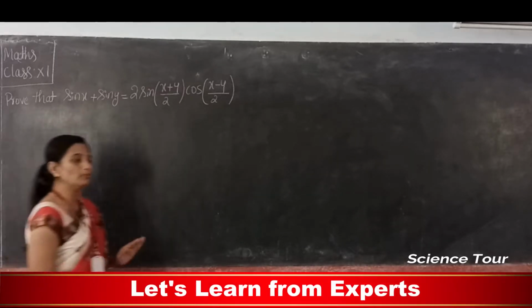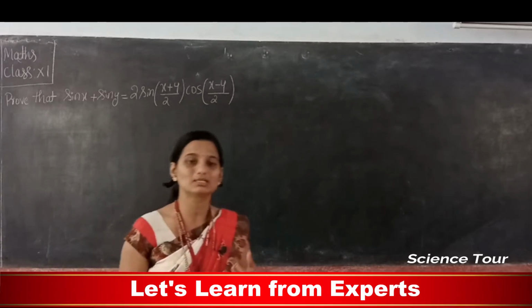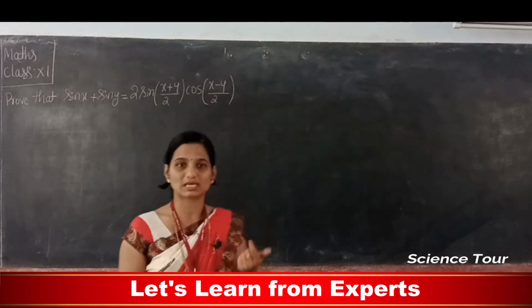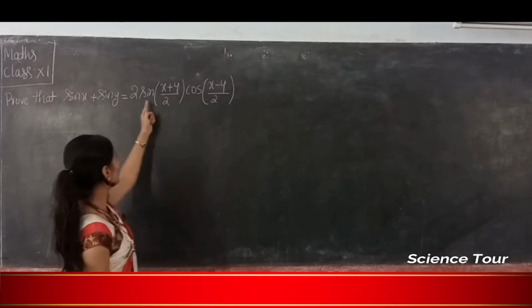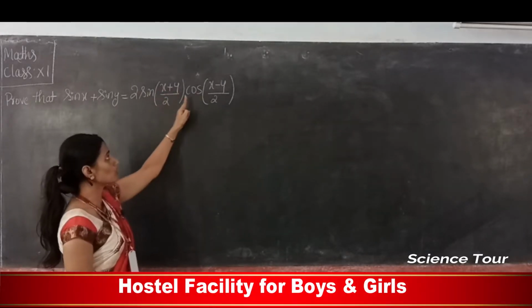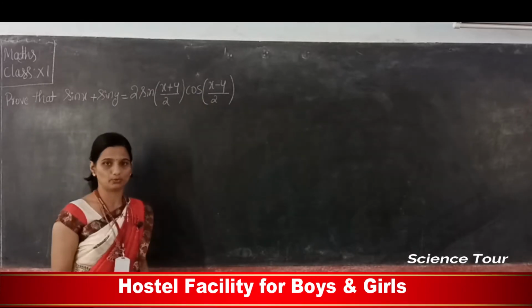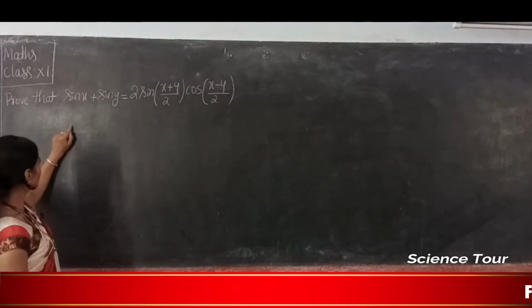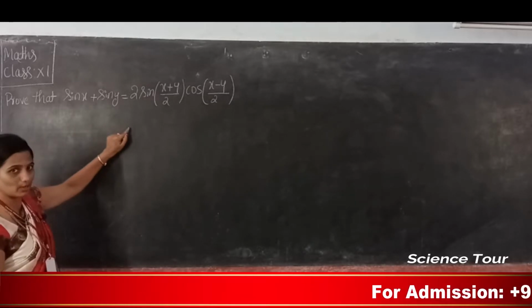So what are the formulas we discussed in previous class? One formula is sin x plus sin y is 2 sin (x plus y)/2 cos (x minus y)/2. The next formula, sin x minus sin y, what is the formula?